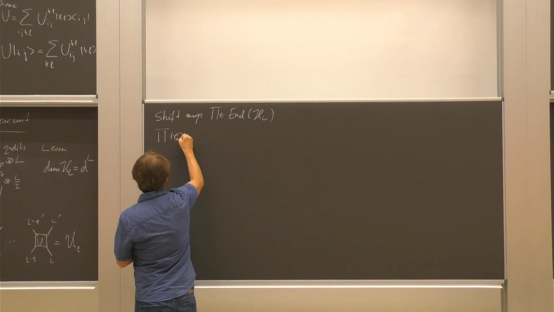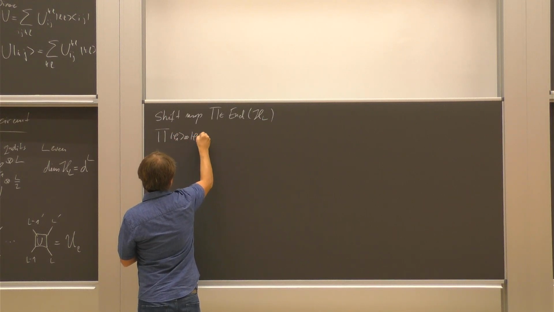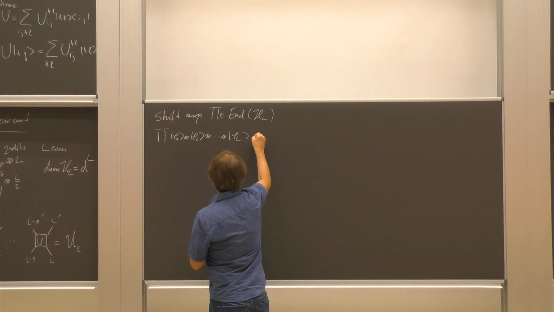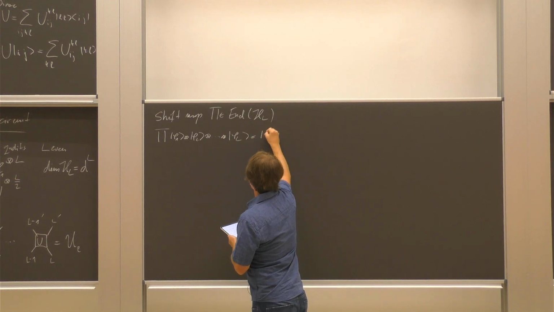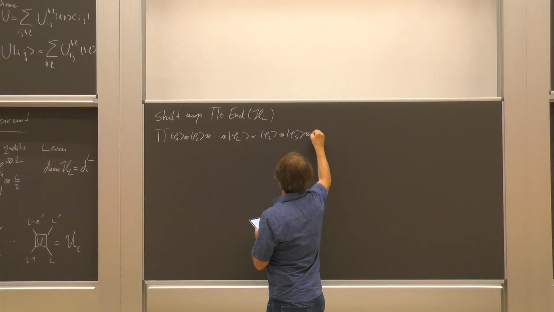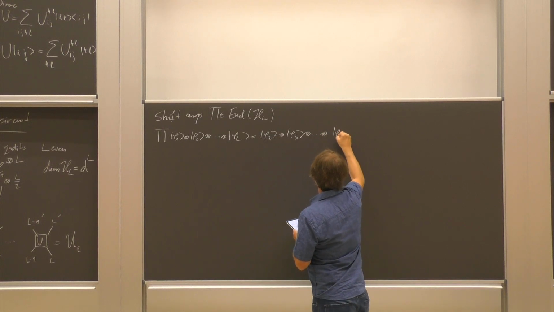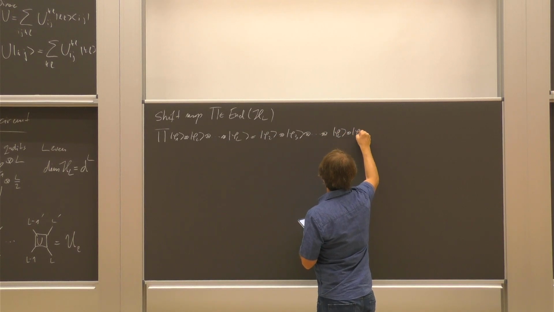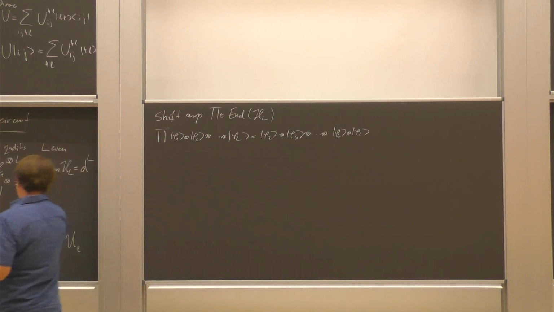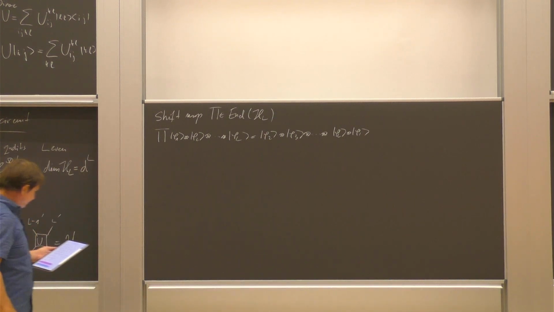So take a product state, and the shift map just makes a periodic shift. So it just rotates by one site.